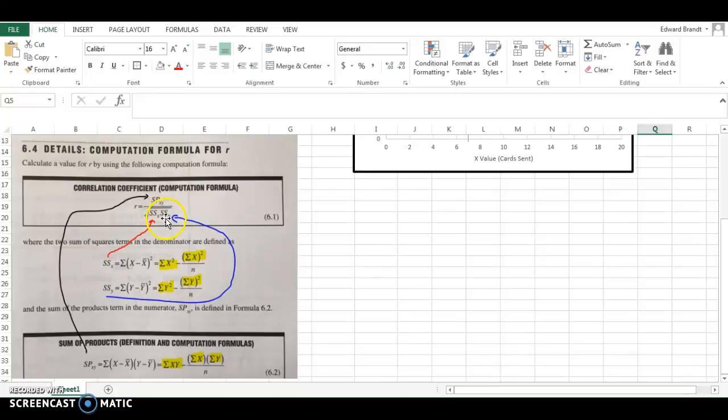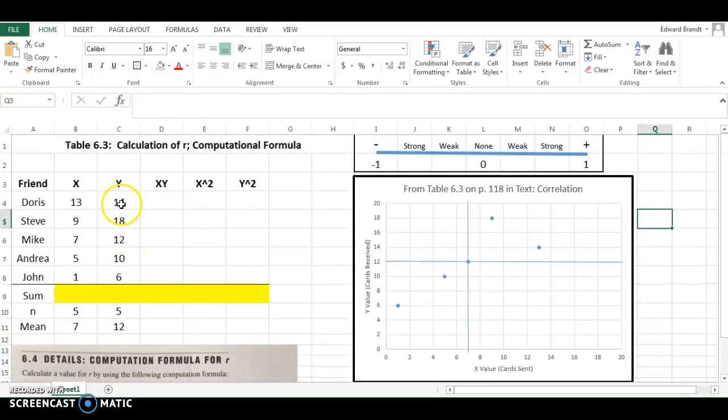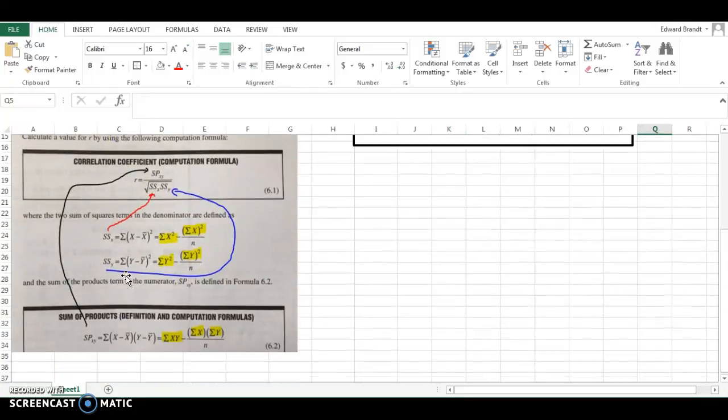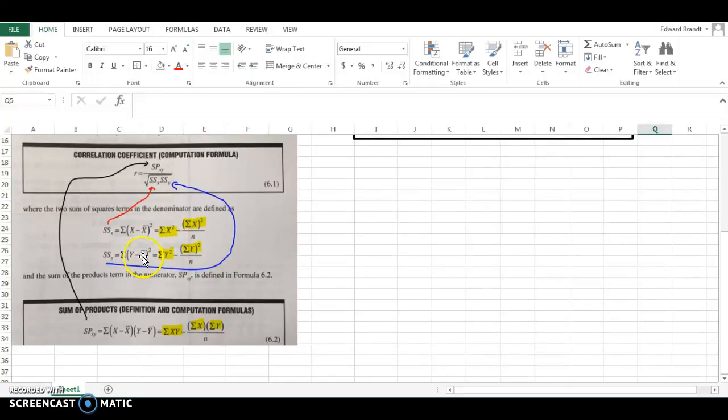Likewise, for the sum of the squares, the y, you take each y value, in this case it's these values. For each one you find the difference from the mean, you square that value, or that difference, and then you add all those up as well. The sums of those give you these values.